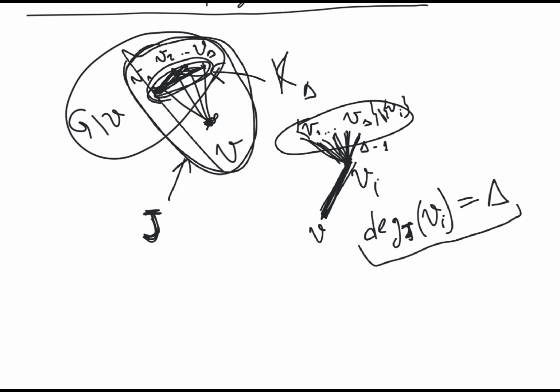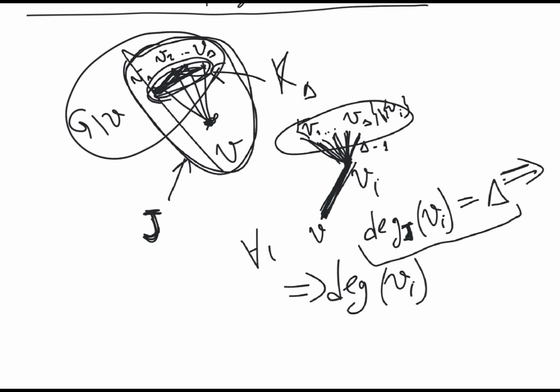So delta is the maximum degree of the whole graph, like in graph G. So it means that this vertex Vi cannot be adjacent to any other vertices in the graph G. So it follows from this that the degree of Vi, for any i, in the original graph G, is also delta, because it cannot be greater, because delta is the maximum degree in the whole graph.